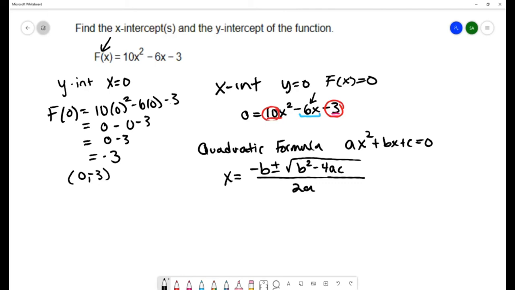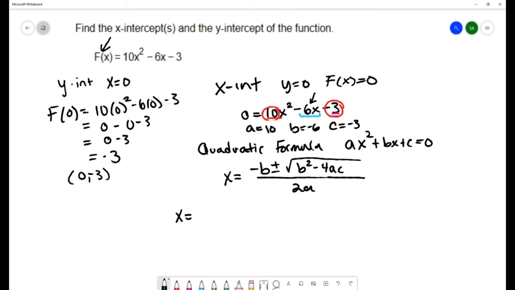And in our example, we have 10x squared, so that means that a is equal to 10, minus 6x, b is equal to -6, and minus 3, so c is -3. And we're going to substitute these into the quadratic formula.